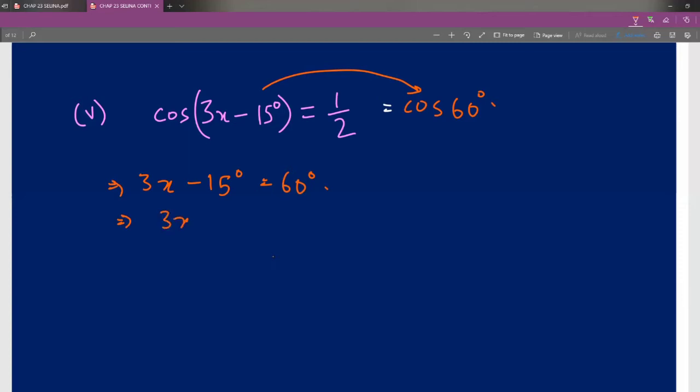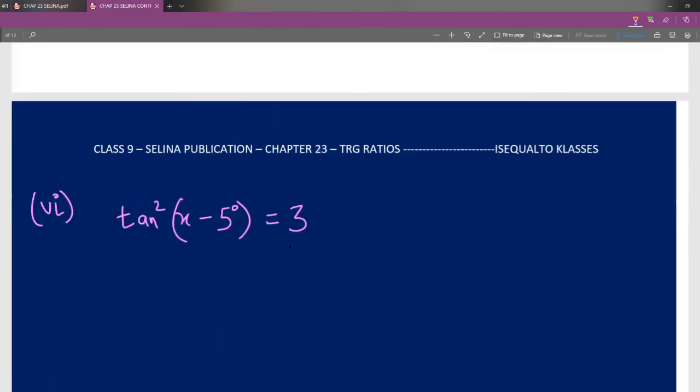So 3x is equal to, 15 goes to the other side and becomes 75 degree. x is equal to 75 divided by 3. So 2 3s are 6, and the remainder is 1. So 5 3s are 15. So therefore x is equal to 25 degree. Okay, so moving on to our next subpart.